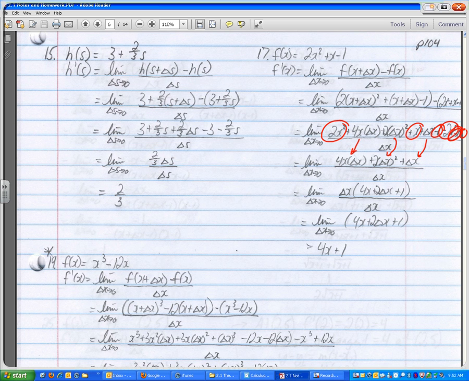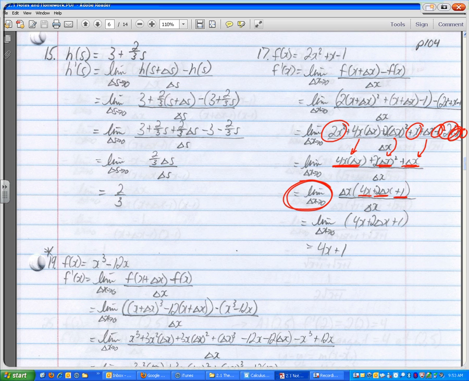Take out a factor of delta x in your numerator. And by the way, I keep not saying it, but you got to keep writing limit as delta x approaches 0. All right, so factor out a delta x. When I take out a delta x from 4x delta x, I get 4x. When I divide a delta x out of 2 delta x squared, I get 2 delta x. When I divide delta x by delta x, I get 1.